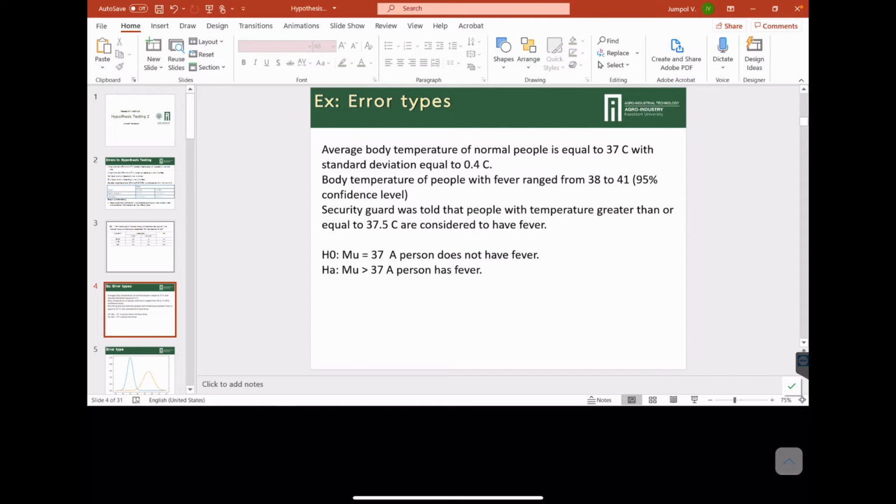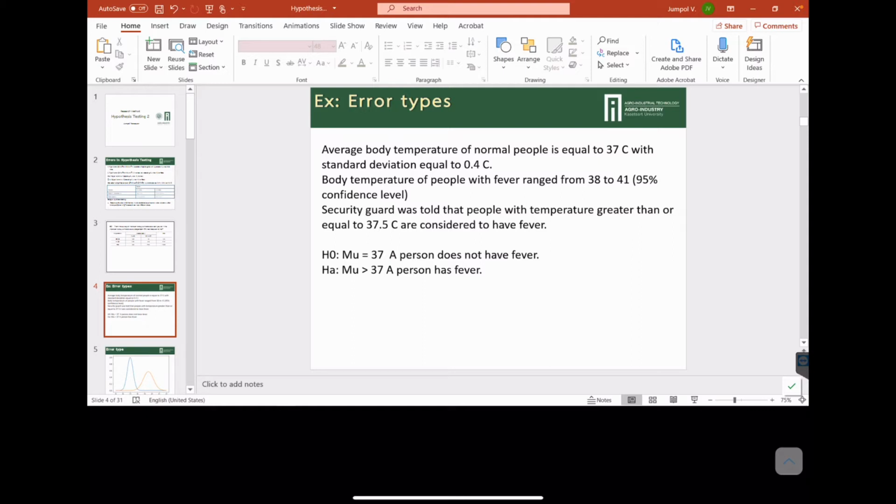So 38 to 41 is the 95% confidence interval, and the security guard was told that people with temperature greater than or equal to 37.5 are considered having fever.